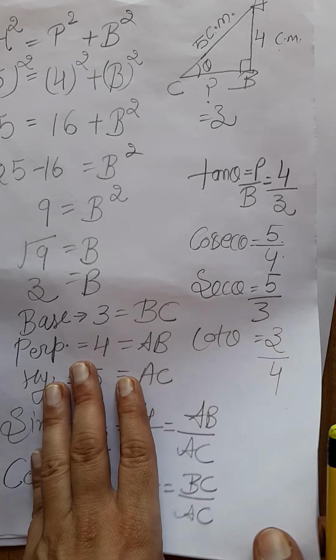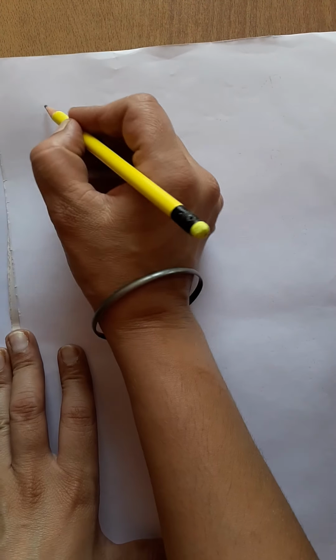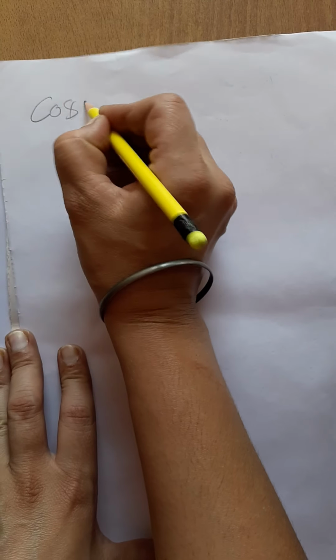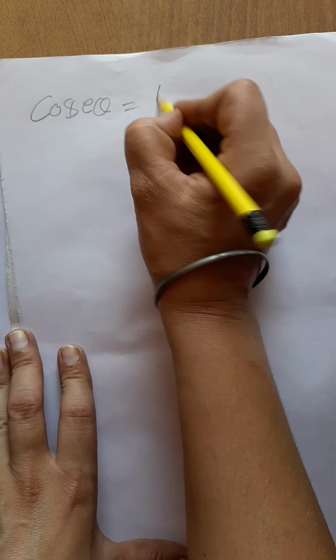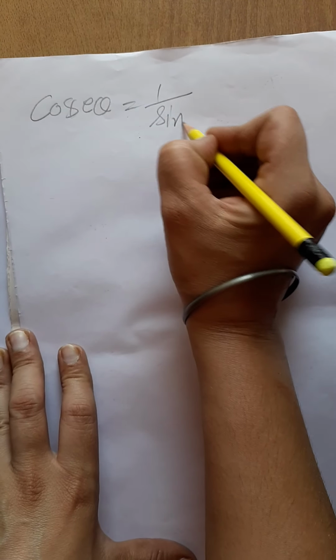Now, we study these relations thoroughly because you can see now what is the relation between these t ratios. First relation, that cosecant theta is the reciprocal of sine theta.